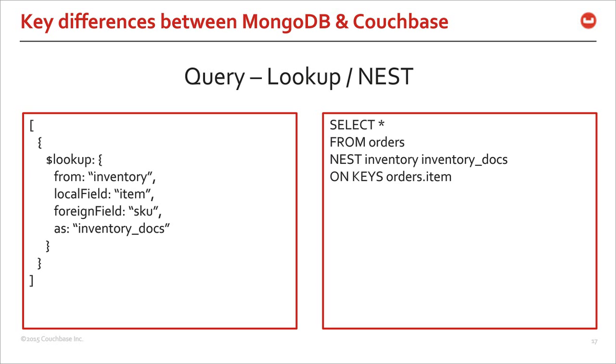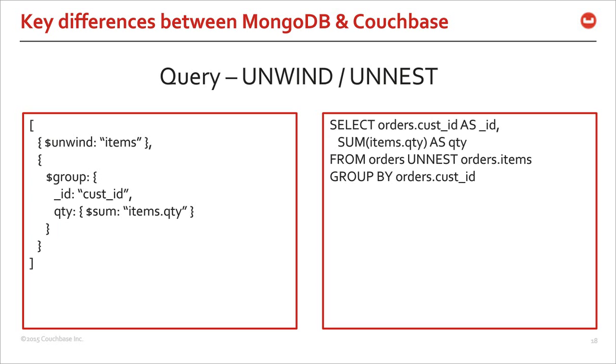So lookup is our nest. They also have unwind. So if you have a JSON document with a lot of nested or embedded objects within it, you can pull those out from a query point of view. We call that unnesting. And so we can do the same thing.